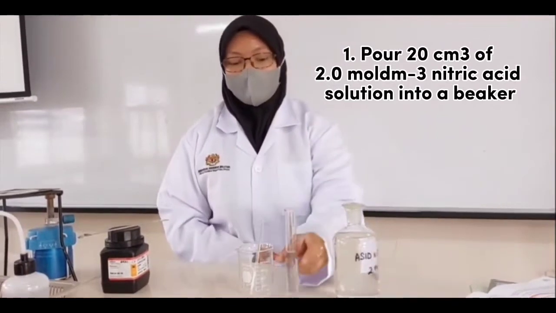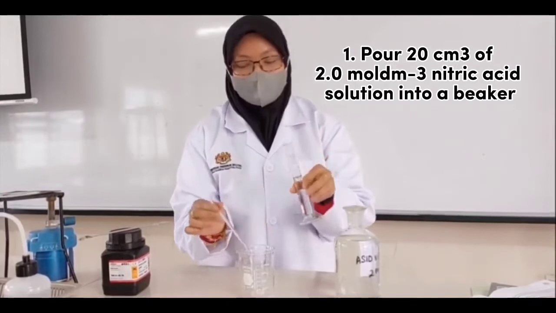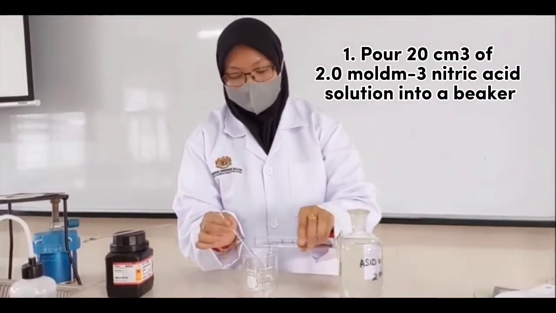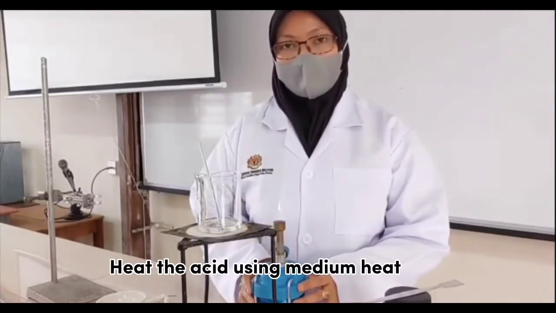First step, pour 20 cm cube of 2.0 mol per decimeter cube of nitric acid solution into a beaker. Then, heat the acid using medium heat.